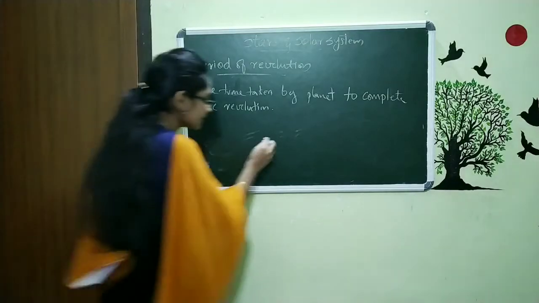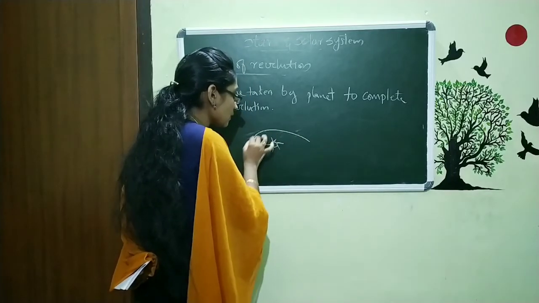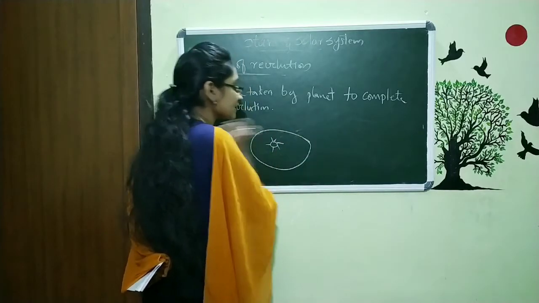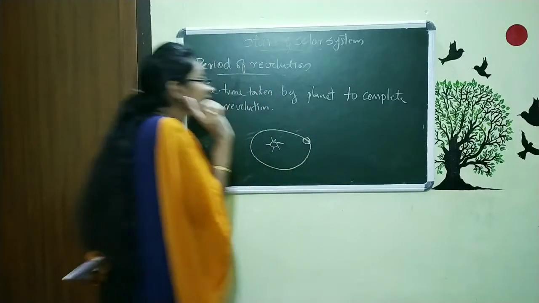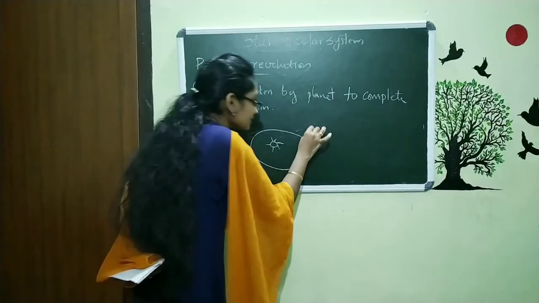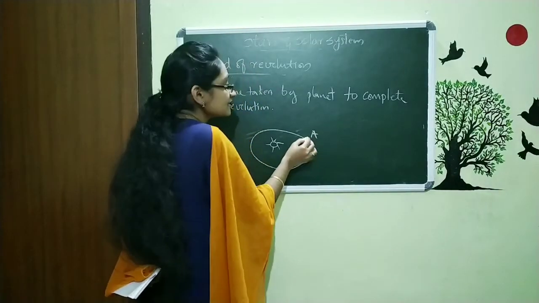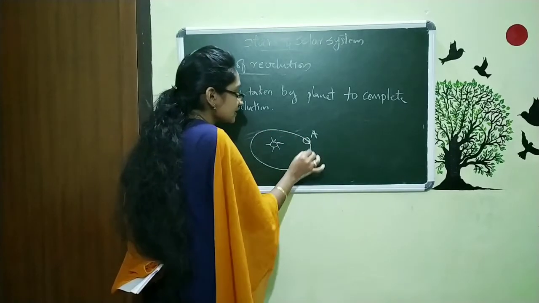That is, here we have the sun, and we said that all planets are revolving in a particular orbit or path. So, one complete revolution means the point is A, this planet is moving from this and reaches here.